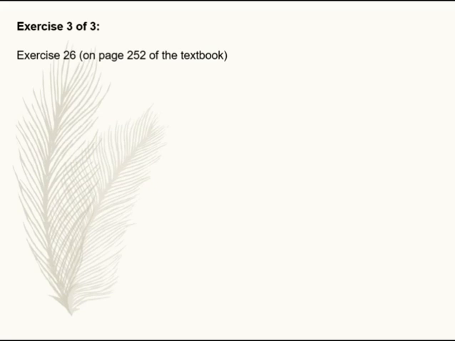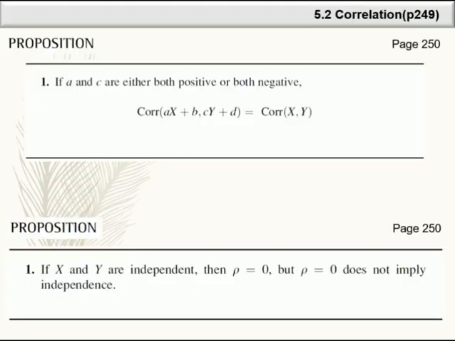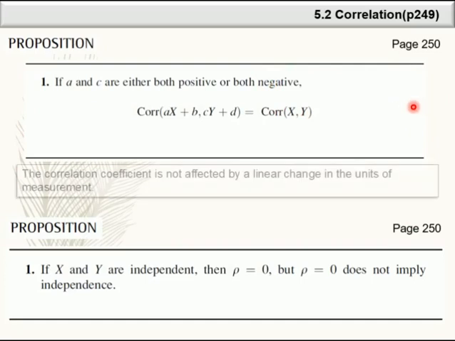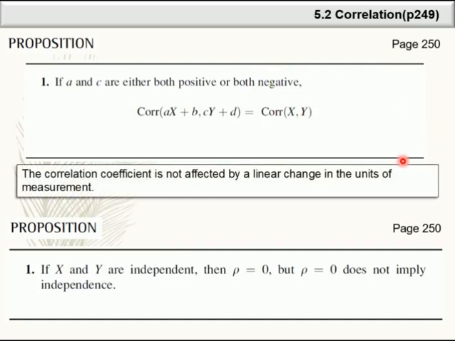Now, before we round off, I just want to touch on a few relevant points. This is part 1 of the first proposition on page 250, and this is part 2. So let's focus on this first one first. What this tells you is that the correlation coefficient is not affected by a linear change in the units of measurement.